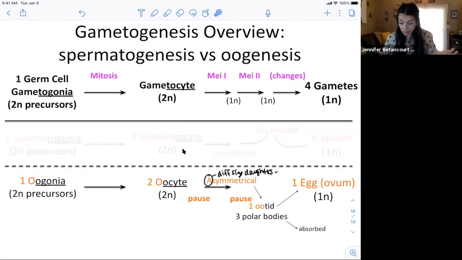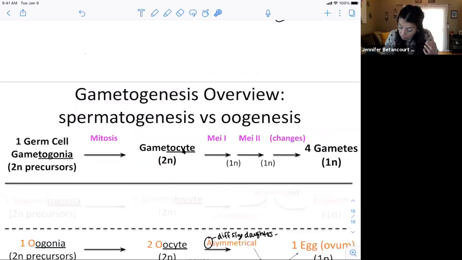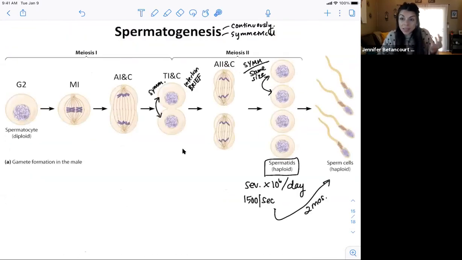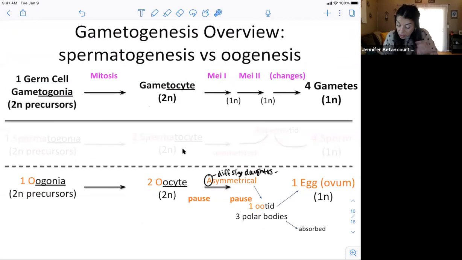Even crazier, because it's asymmetrical, you've got one cell that's big and giant, and the other daughter cells are really tiny. Remember for sperm, if we go back up, you have 4 spermatids that look the same size. For oogenesis, you only have one round, big egg that's called an ootid. The 3 other ones that are really small are called polar bodies.